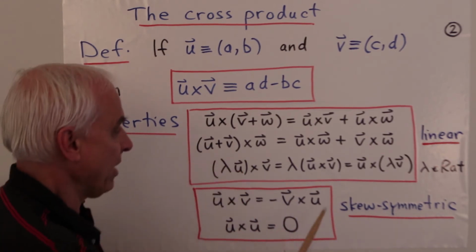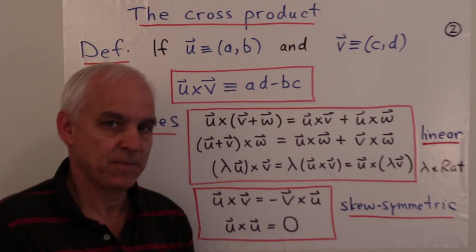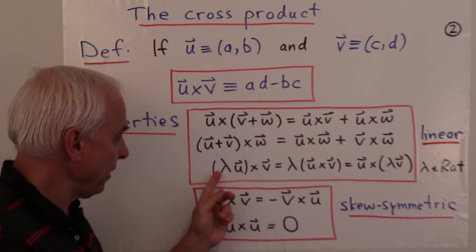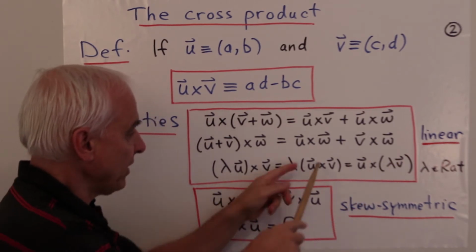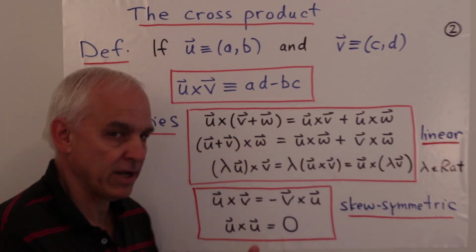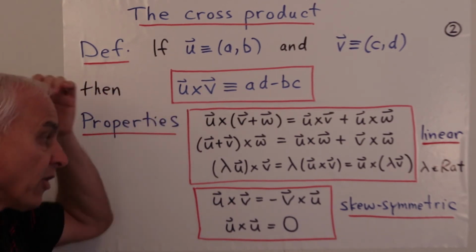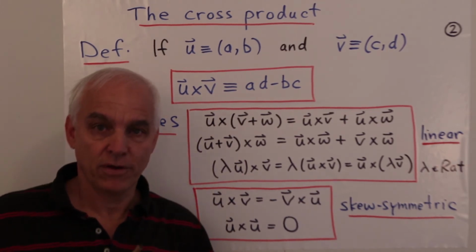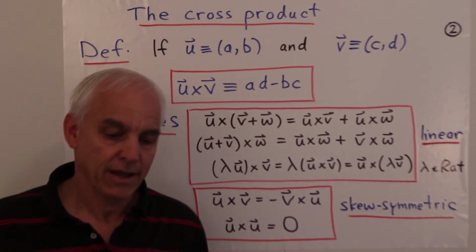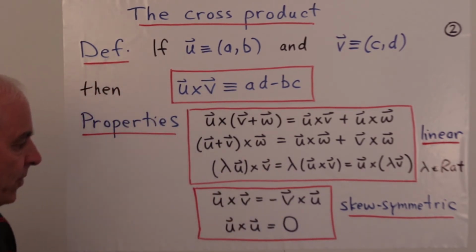And that's also the same as u cross lambda times v. So this scalar can be put in front of the u, or in front of the v, or in front of the entire cross product. They're all three equal to each other. So these three properties, we'll refer to them as the linear properties of the cross product. And it's a good exercise for you to check that these are actually true.